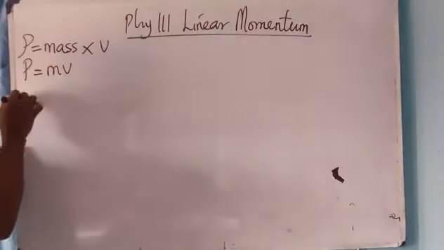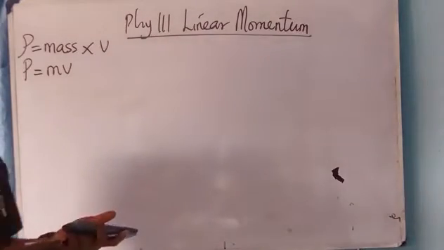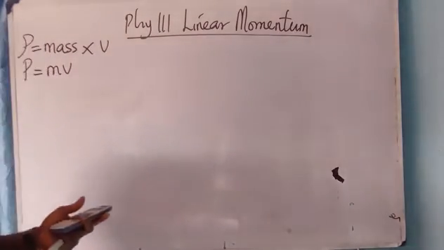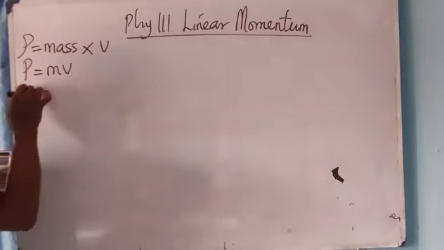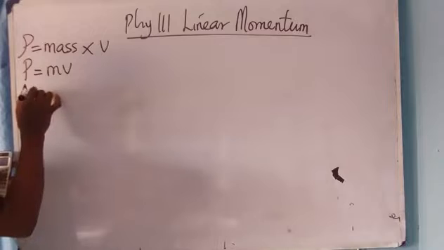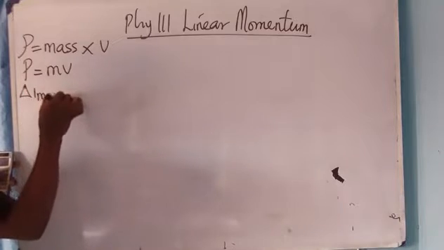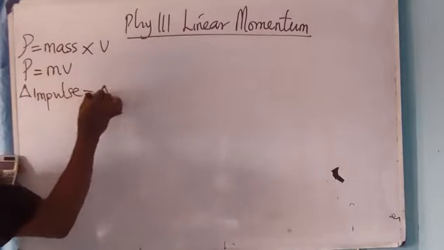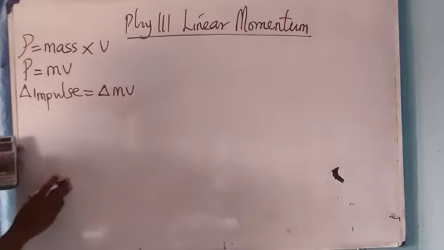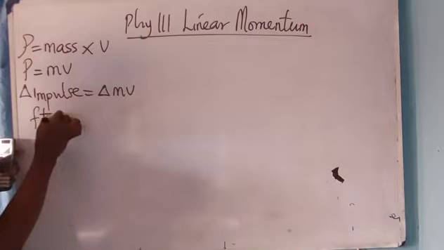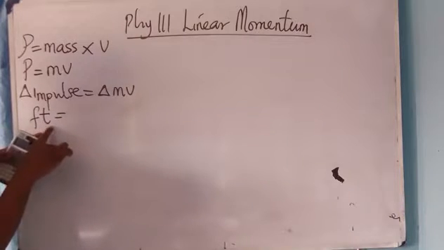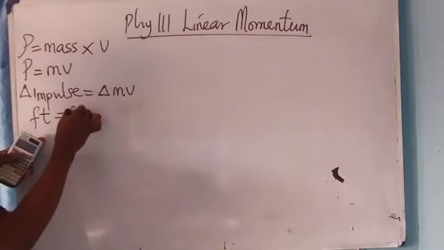Now you know that Newton said that the change of impulse is equal to the change in momentum, which means change in impulse is equal to change in mv. Impulse is force times time. Impulse is the product of force and time. Momentum is mv.